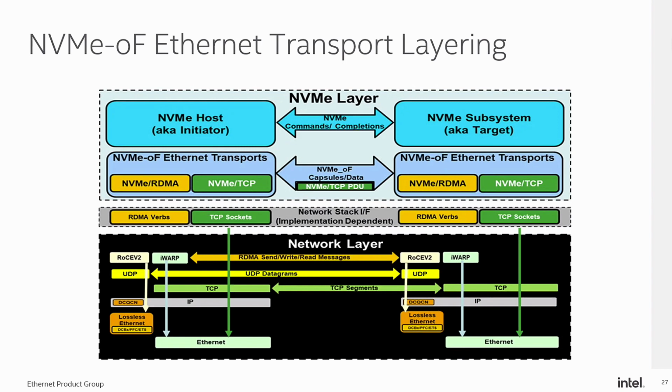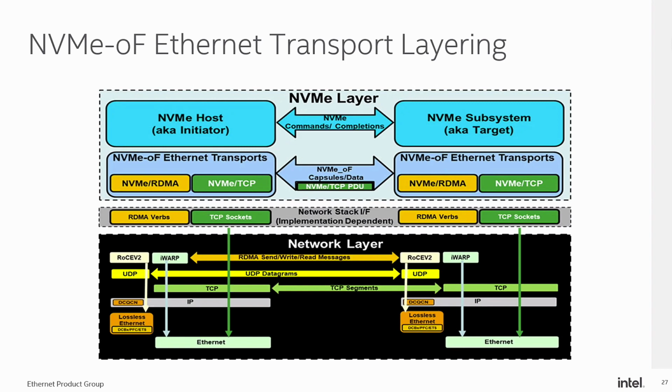In the case of RDMA, it uses something called a queue pair, which is a bidirectional queue established between the two endpoints. We map NVMe queues directly onto that. For TCP, we use a TCP connection, which is bidirectional, and we map the NVMe queues one-to-one onto those connections. So we basically retain the NVMe multi-queue model, and we're mapping it onto the various queues and end-to-end connection models that both RDMA and TCP provide.